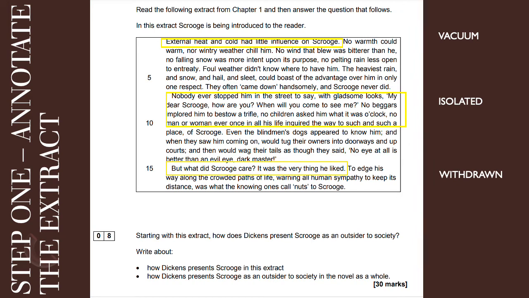So what I've now got is an annotation of the extract. I've chosen 3 quotes. I've got a word to describe Scrooge for each of those quotes, and I would now be able to put together a response to the extract. But before I do that, I need to think about the novel as a whole.